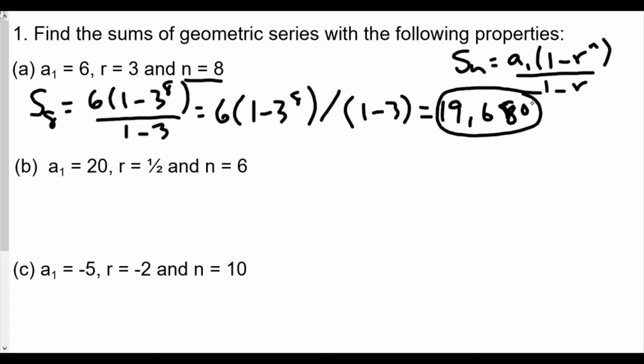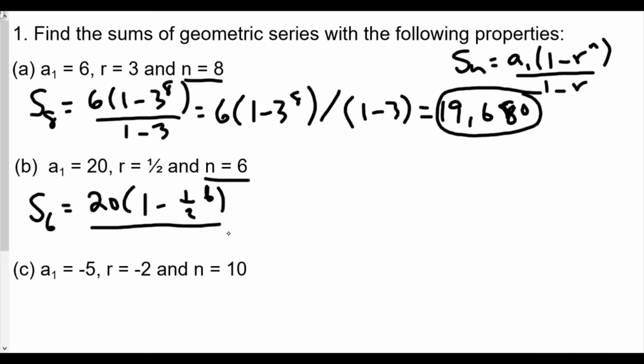For B, again, we use our formula, and we're going to use S of 6, the first 6 terms. We don't need to write them all down. We could find them and add them, but it's so much more effective to do it this way. So a1 is 20 times (1 minus 1/2 raised to the 6th power), all over 1 minus 1/2.